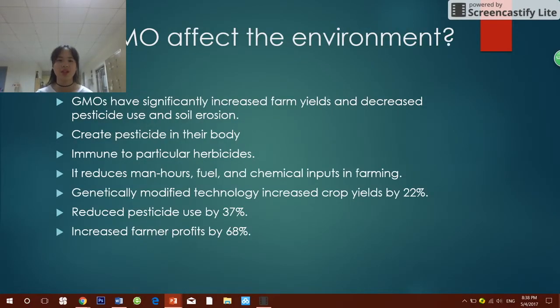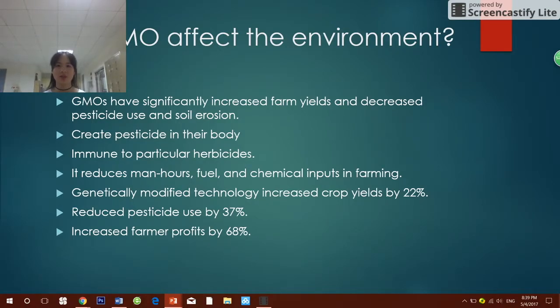How GMO affect the environment. GMO have significantly increased farm yield while decreasing pesticide use and soil erosion. The idea is that because genetically modified crops are engineered to produce pesticides in their body or to be immune to particular herbicides, they reduce the man-hours, fuel, and chemical input in farming.